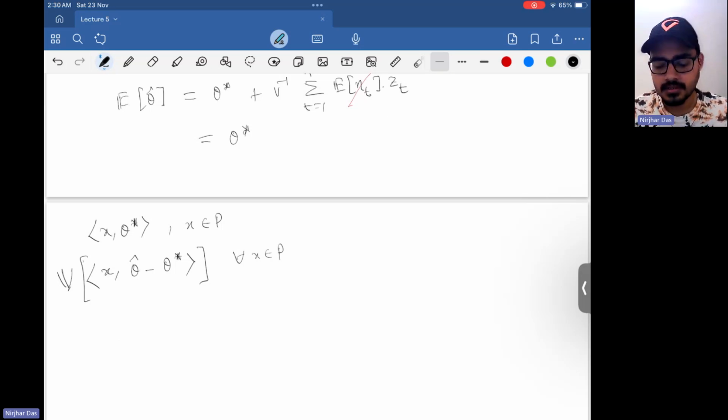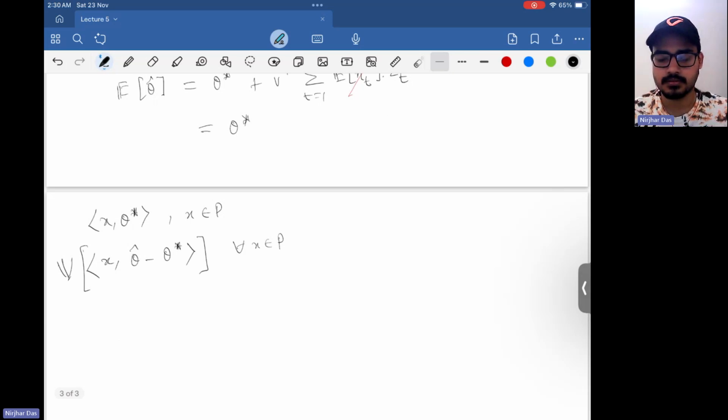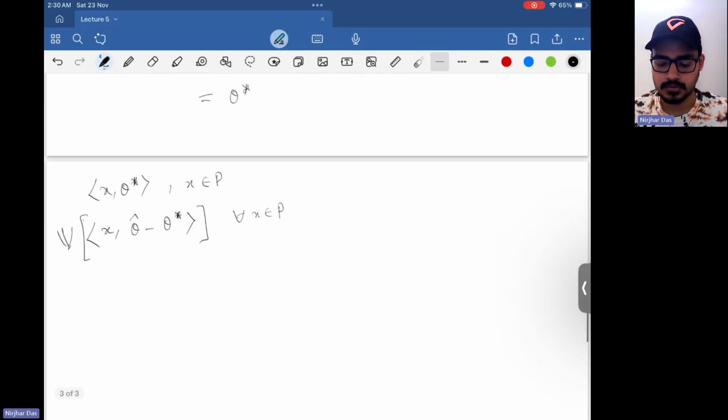We also want to reason about what happens in the finite sample regime. So using variance, like how much this quantity can vary, is a good way to capture the idea that we want this estimate of x theta star to be close to the true value.